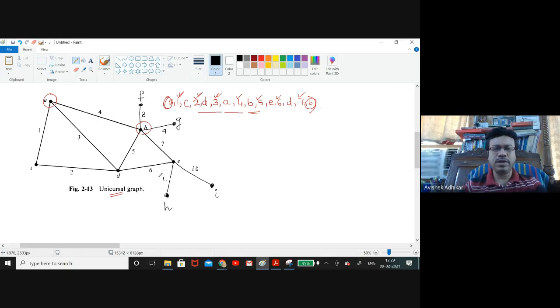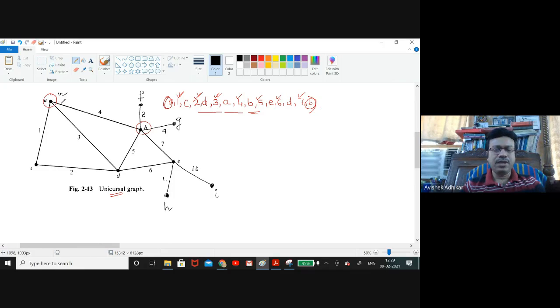So now this is my graph. Now you can understand that this is certainly not an Eulerian graph, because this degree is odd. So at least one odd degree vertex means it cannot be an Eulerian graph.